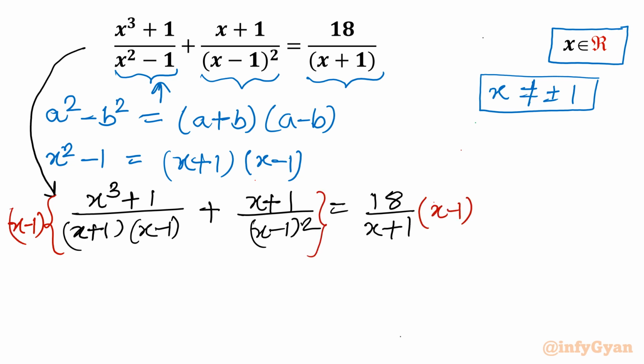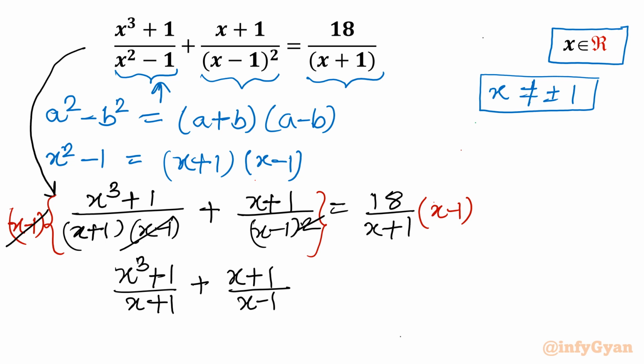See what will happen after that. One x minus 1 from the denominator will be cancelled out, which means I can cancel this term, and here we will cancel this power. After that we will write (x^3 + 1)/(x + 1) + (x + 1)/(x - 1) = 18(x - 1)/(x + 1).